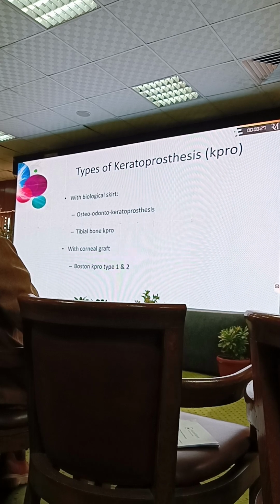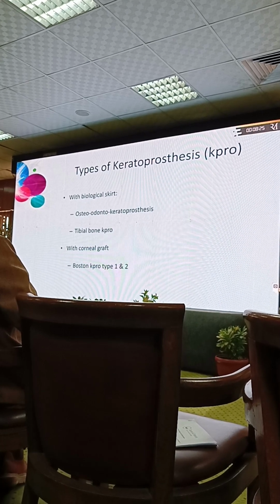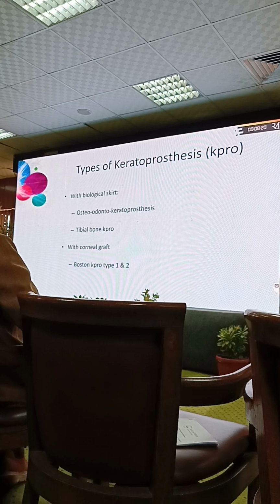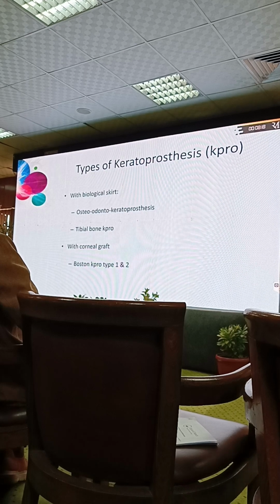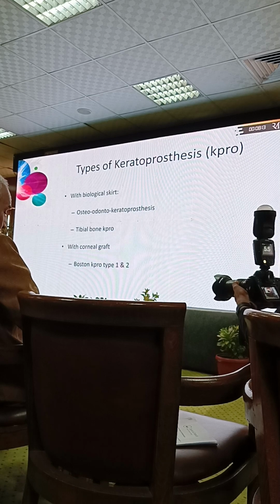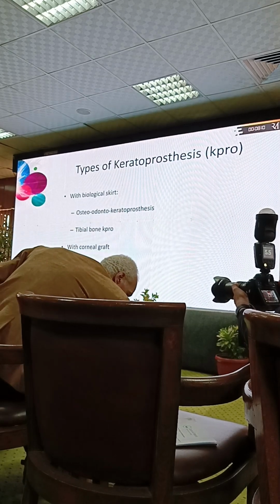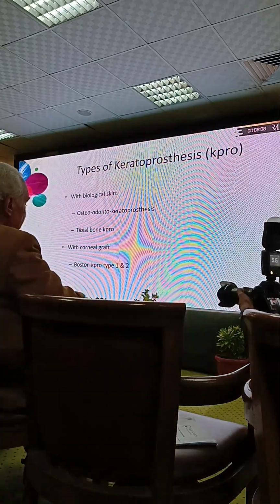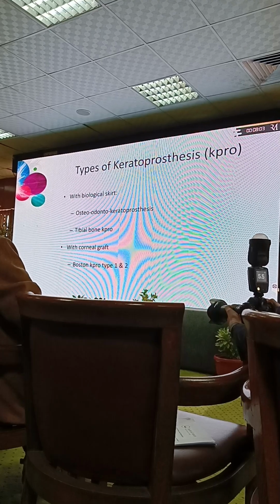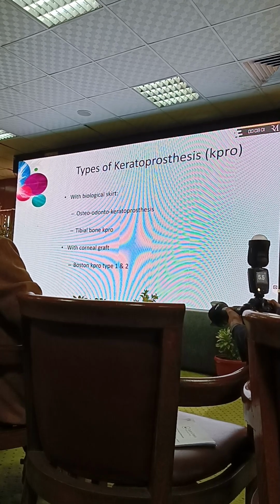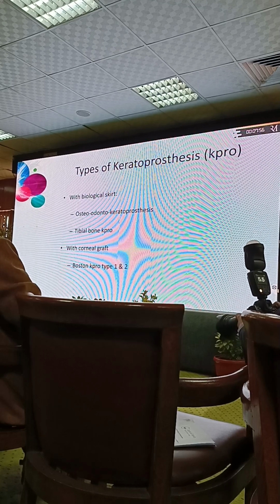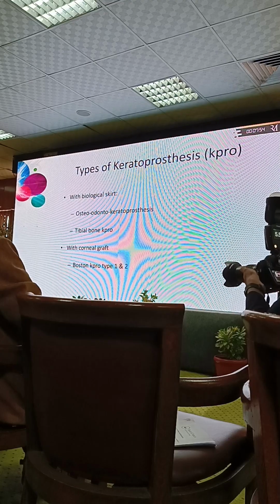To fix an artificial cornea, it would probably be made of either glass or plastic. This should be attached to the eye of the patient. So you should have a carrier for this plastic or glass lens. This carrier, we call it a skirt. So you can classify the keratoprosthesis either with a biological skirt or you use the corneal graft as a skirt.